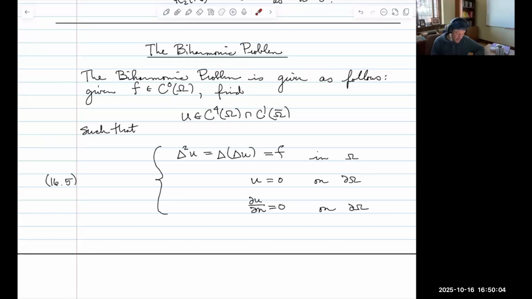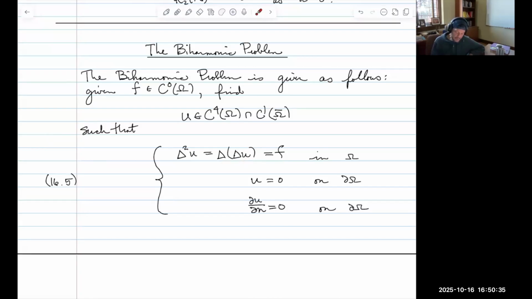We're looking for a u, which is a C4 function intersected with C1 on the closure of omega, and we'll see why we need C1 in just a second, such that the Laplacian of the Laplacian of u, which we're going to call Laplacian squared u, is equal to f.